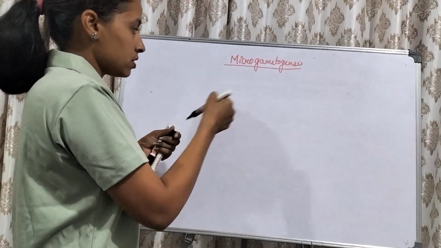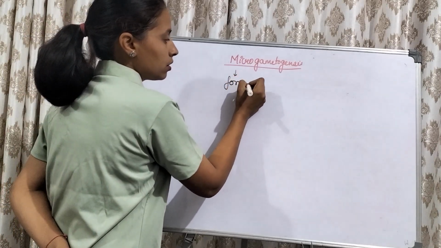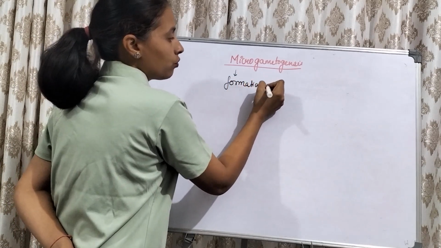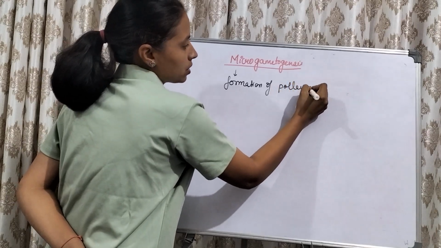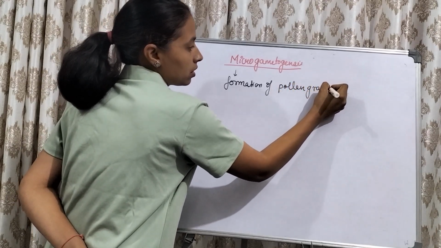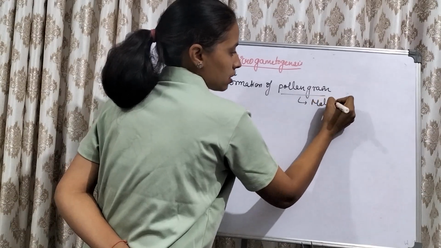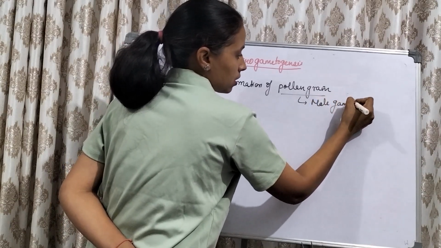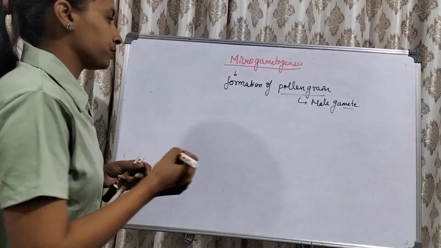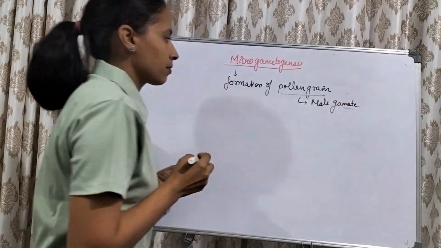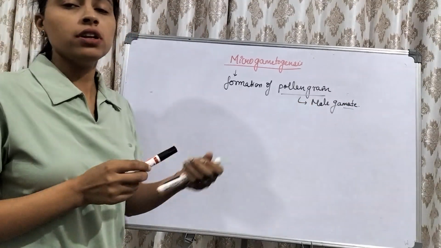Through this process, we see the formation of pollen grains, the male gametes. So let's discuss the process of formation of pollen grains.